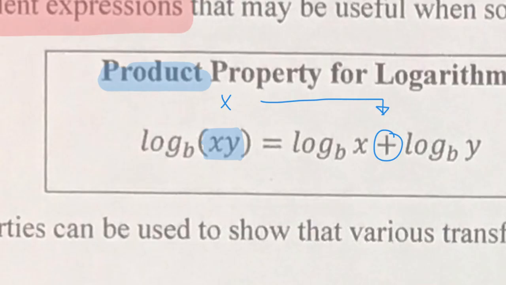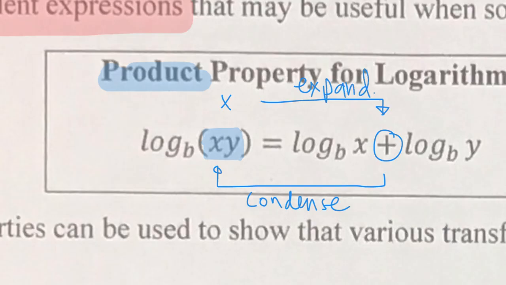So if we ever see the log of a product, we can change that into the sum of logs. It also works the other way if we are condensing. This way is expanding: if we ever want to have more logs, then we are expanding. If you want to have fewer logs, we are condensing.